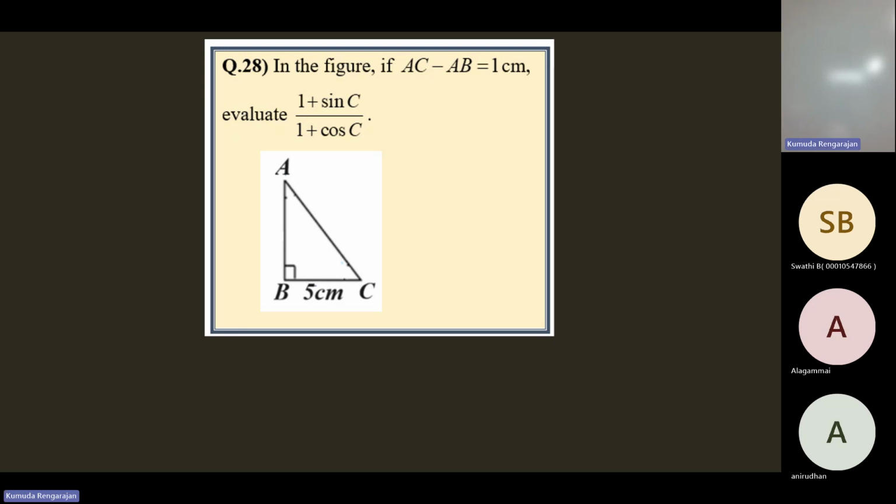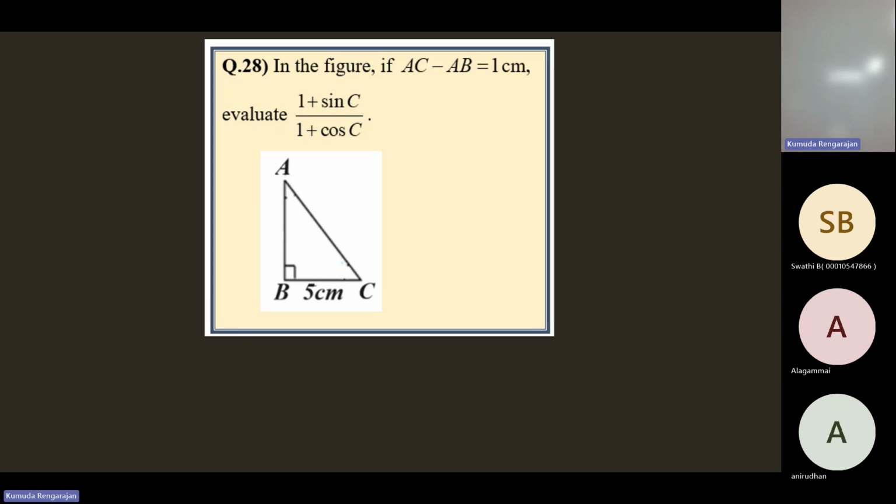Let me spell out the answer. AB square plus BC square is equal to AC square. What is AB? AB square plus BC square, 5 centimeter, is equal to AC square.